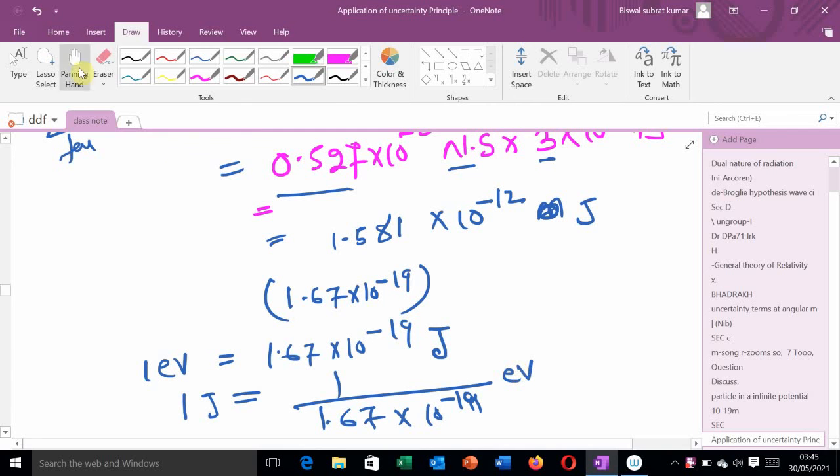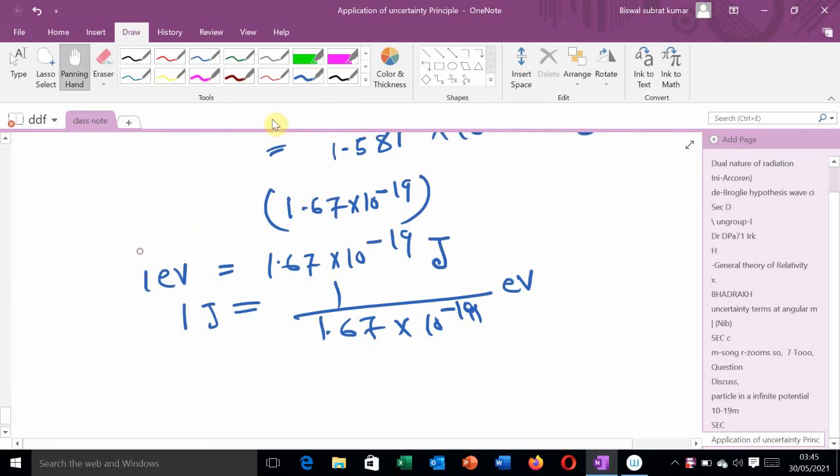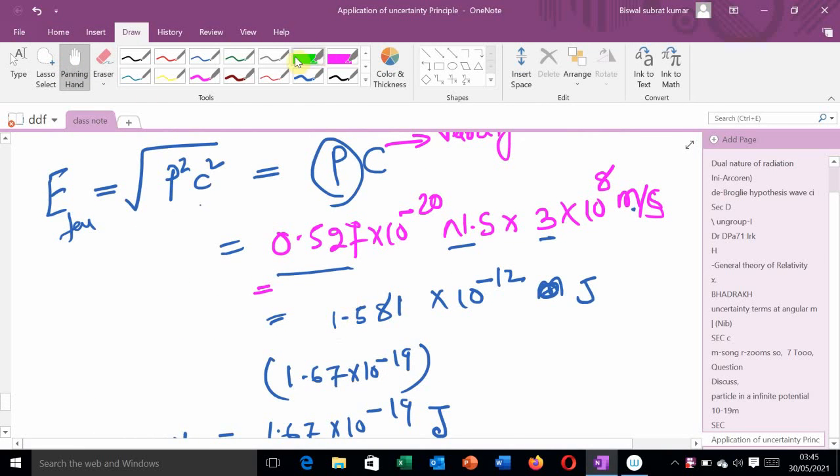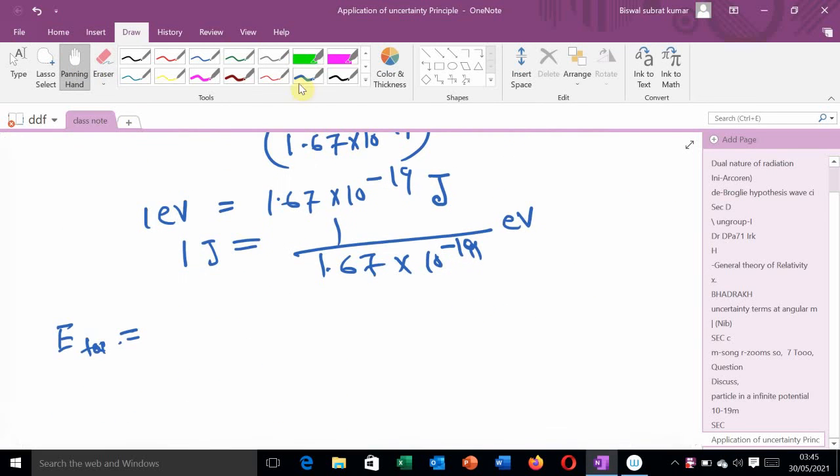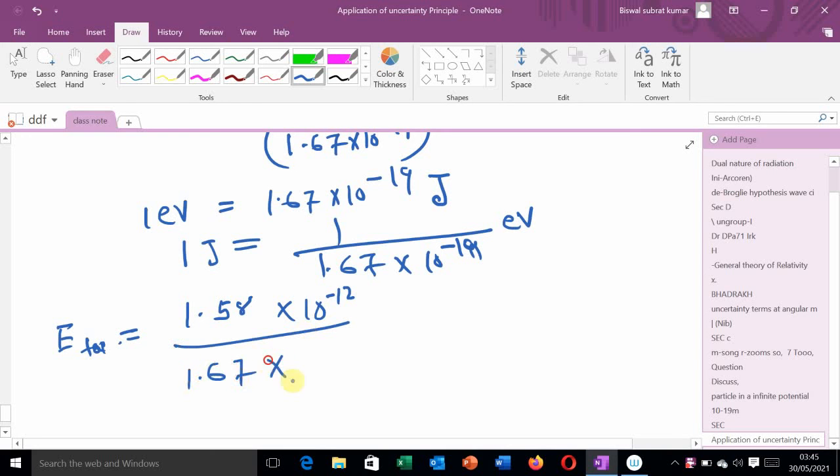Now if we change the total energy to electron volt, the quantity will be 1.58 into 10 to the minus 12 divided by 1.67 into 10 to the minus 19 electron volt, which is approximately 10 into 10 to the power 6 electron volt.